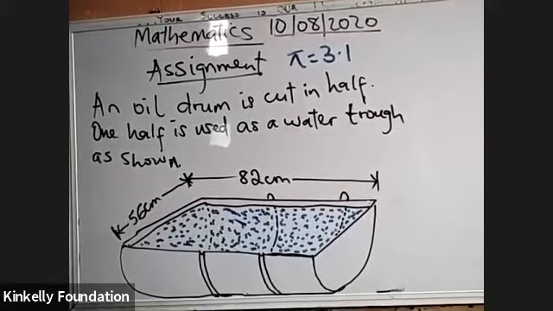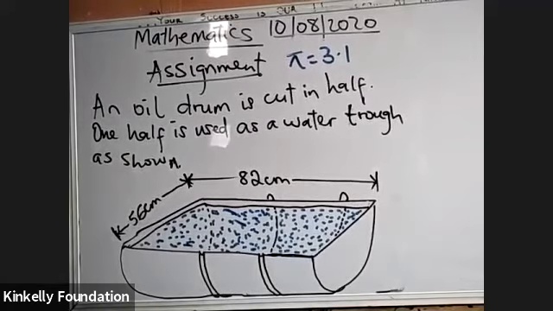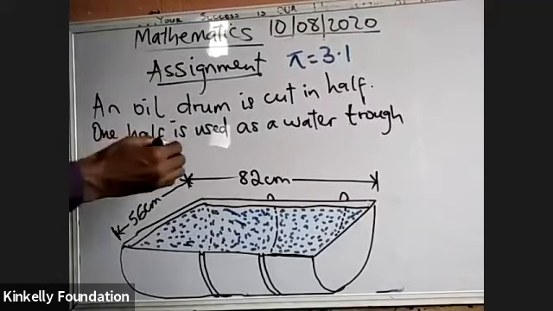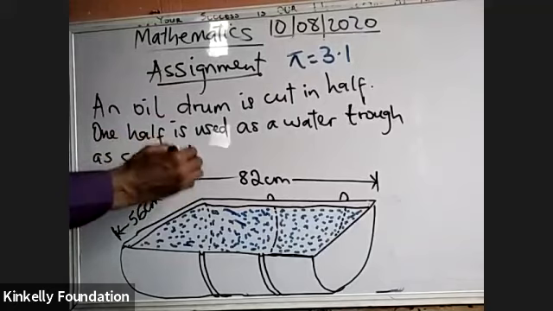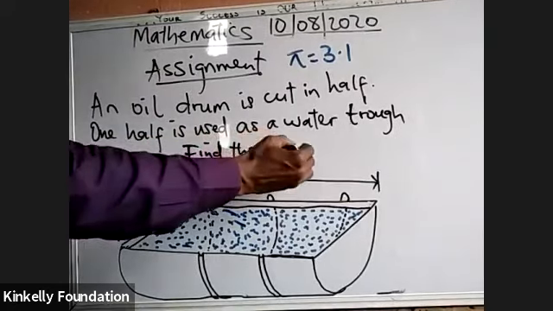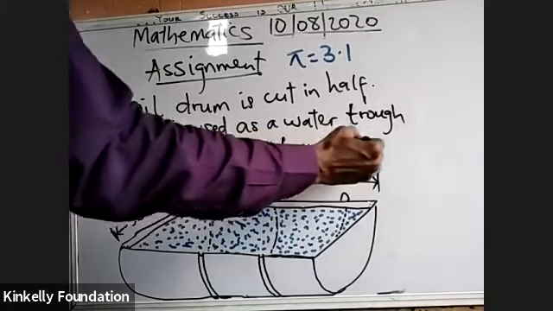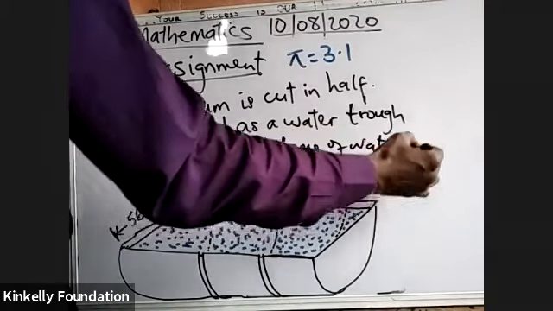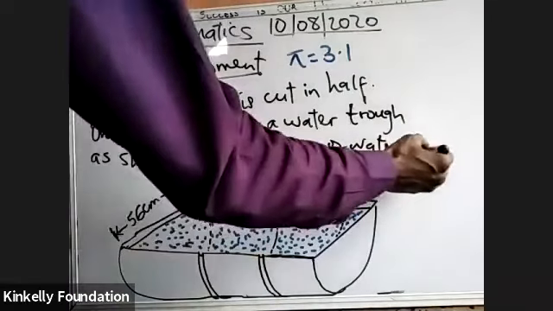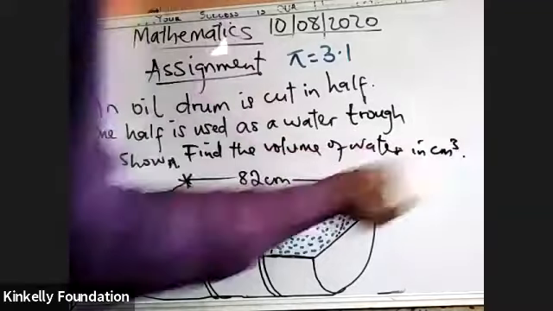This assignment is for you. Estimate what the capacity of water is in liters. Okay, this is estimation. Now, let me say find the volume of water in cm cube.